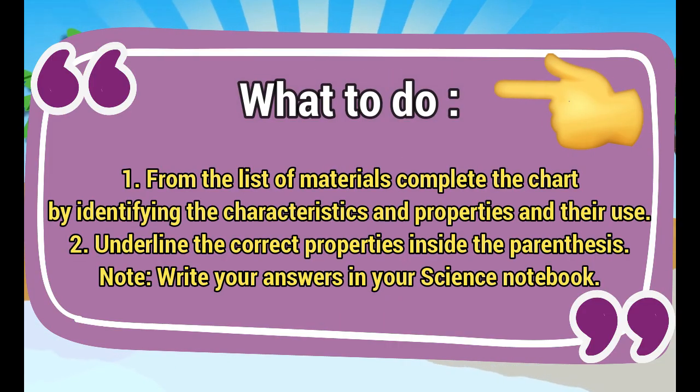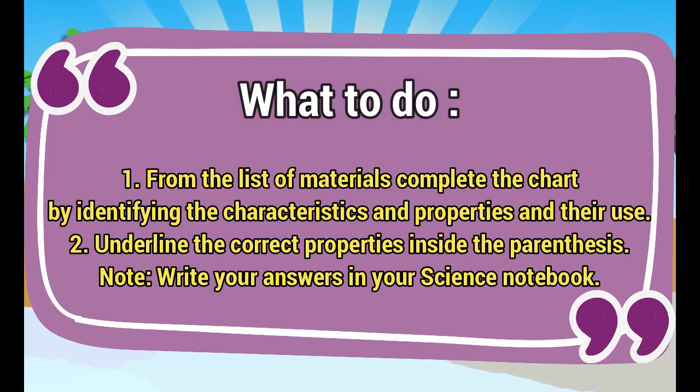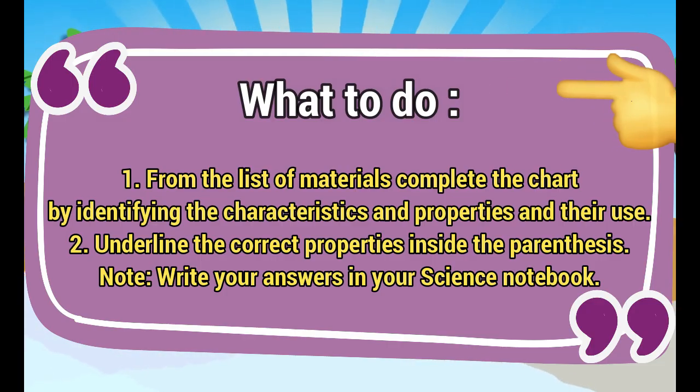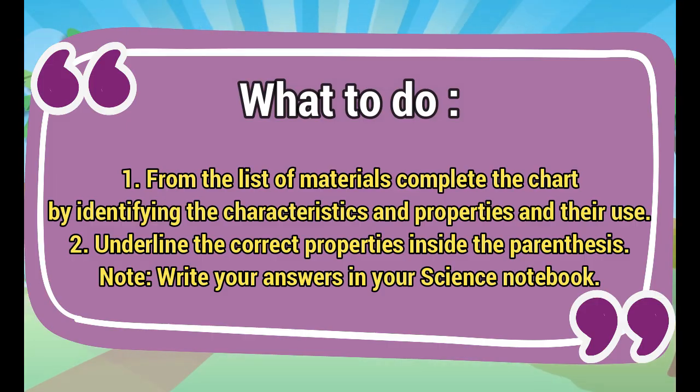This is what you're going to do. From the list of materials, complete the chart by identifying the characteristics and properties and their use. Underline the correct properties inside the parentheses. Note, write your answers in your science notebook.